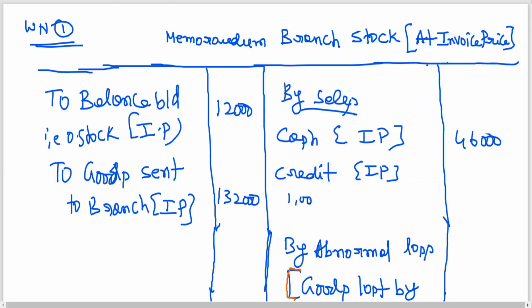So simple. 1 lakh rupees is equal to 150%. 150% is catalog, 120 is invoice price. So we have to convert that into invoice price. Now 1 lakh into 120 by 150.